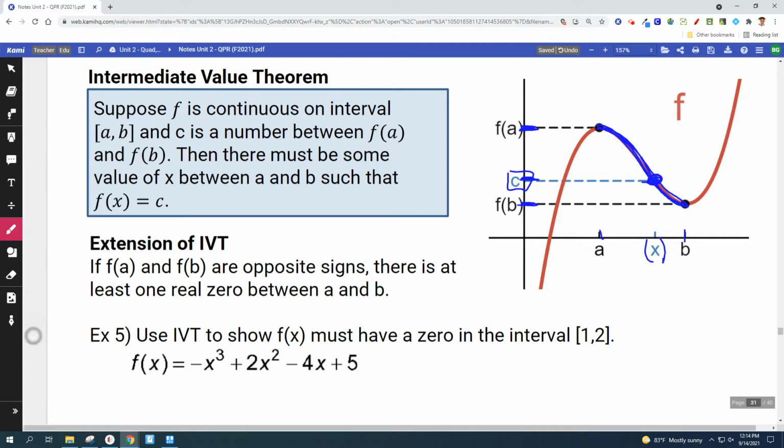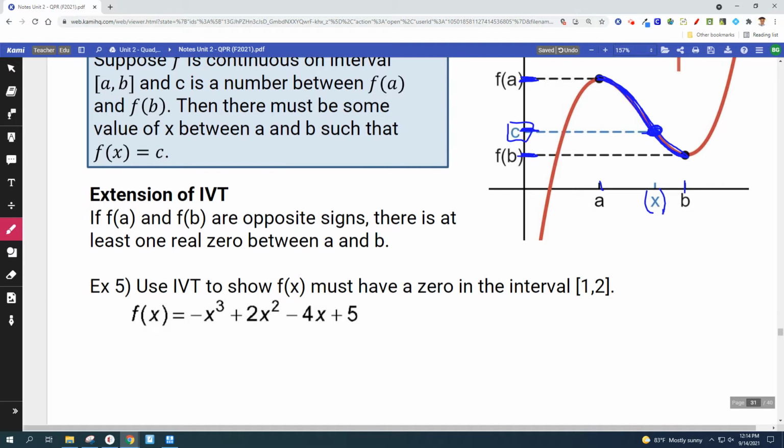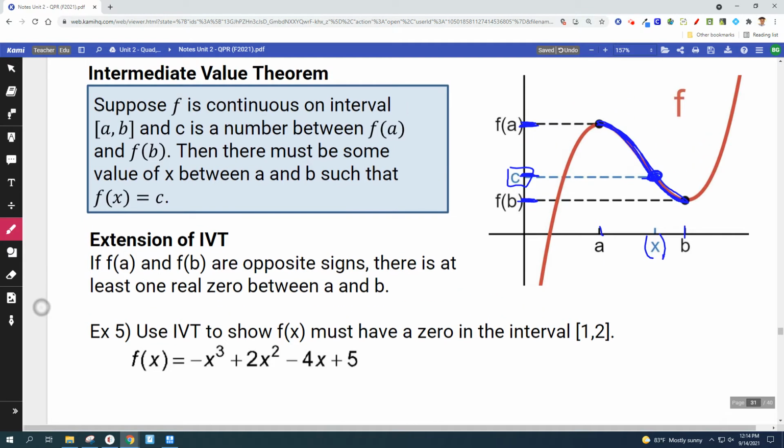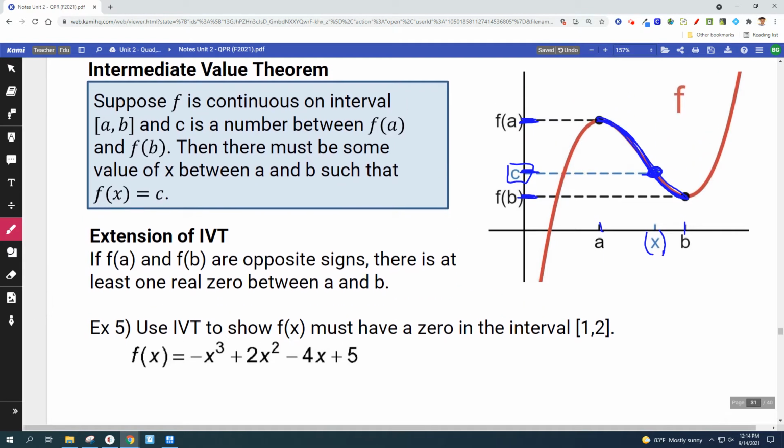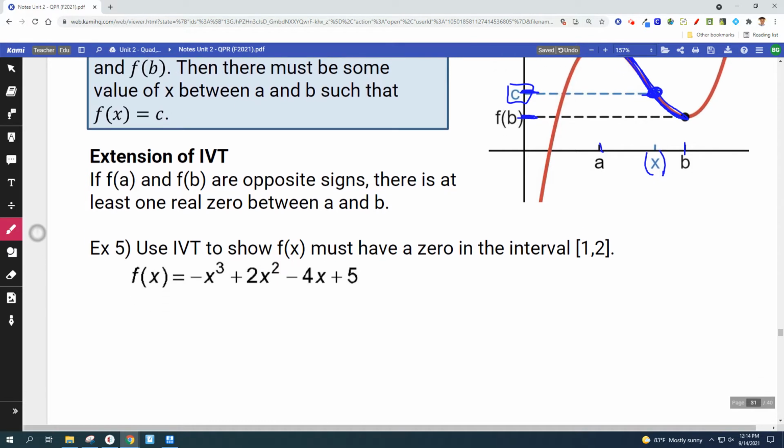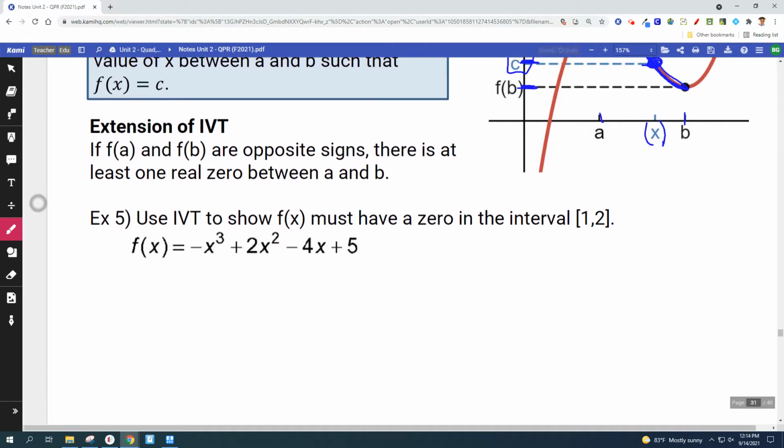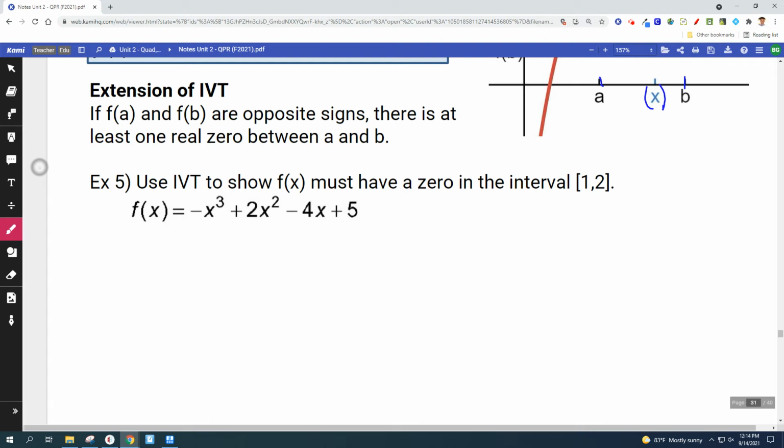It's not that useful until you look at the extension of the intermediate value theorem. If f of a and f of b are opposite signs, there's at least one real zero between a and b. What that's trying to tell you, well, let's just look at example 5.